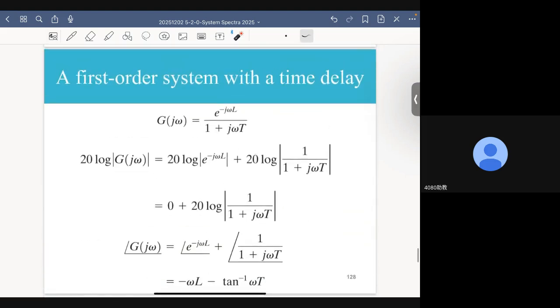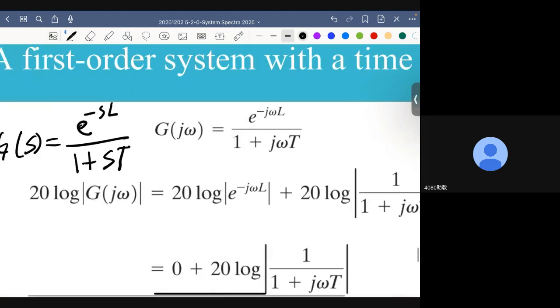Now, let's use a first order system as our first example, okay? In the s domain, the system I'm dealing with is e to the minus sL over 1 plus sT, all right? So this is a first order system whose time constant is T, okay?